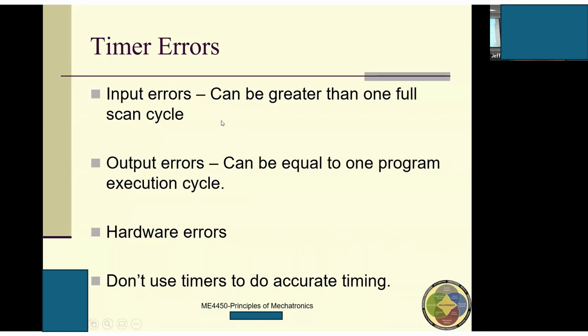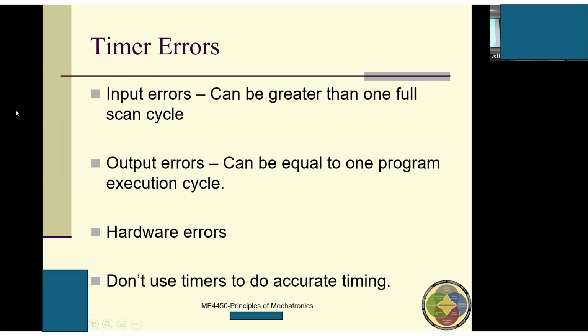So, timer errors. There are some errors, just as we human beings have some errors, right? Input errors can be greater than one full scan cycle. Sometimes the timer cannot capture the transition. Is it possible? It's totally possible. Output errors can be equal to one program execution cycle.